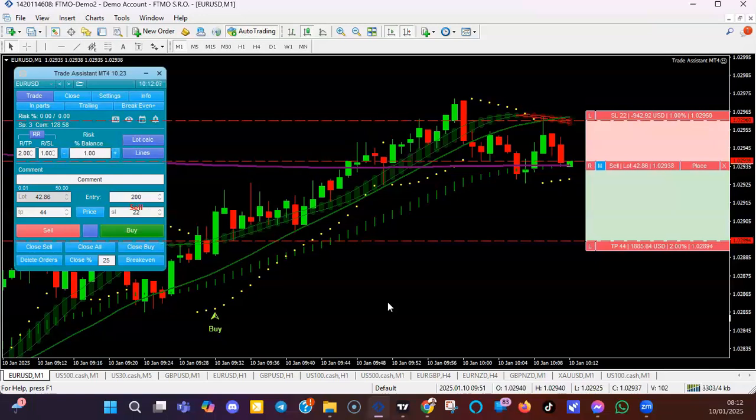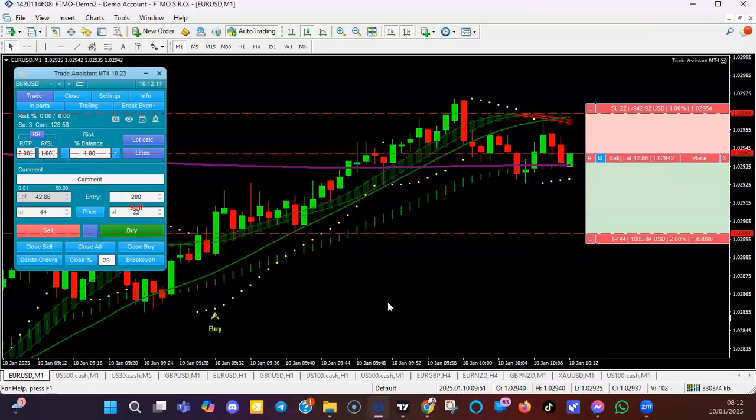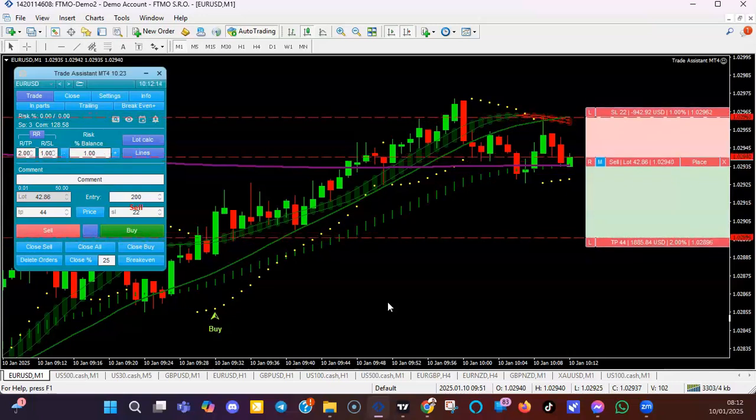Price is milling around the purple line. That's why it's there, to indicate a bias one way or the other.